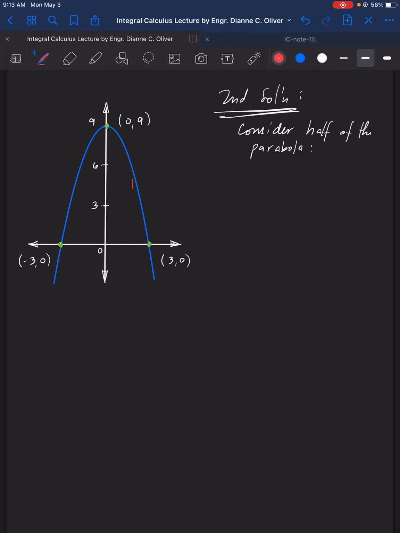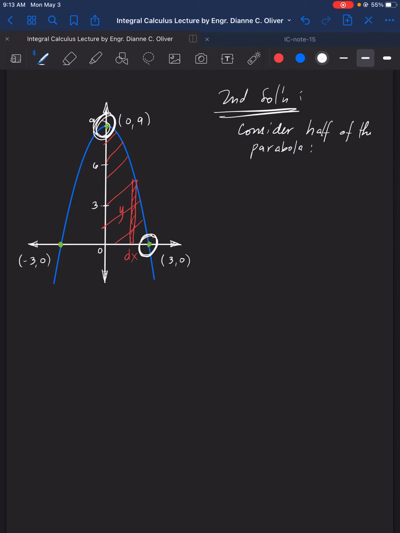Using a vertical area strip, this is y dx, we will be considering just half of the parabola. That means the boundary that we have will be this point here up to this point. So our boundary is this one here to this point only.